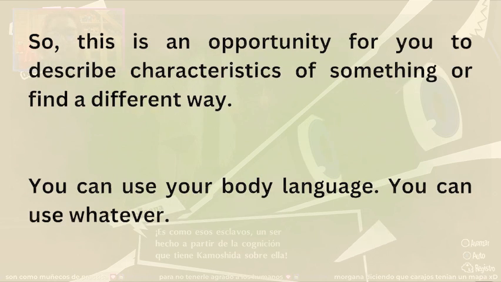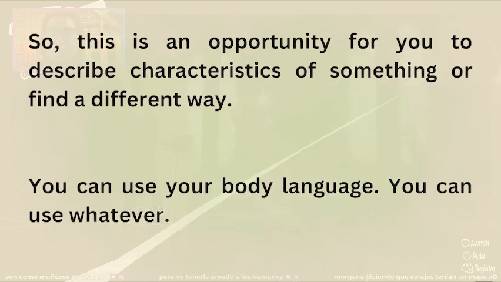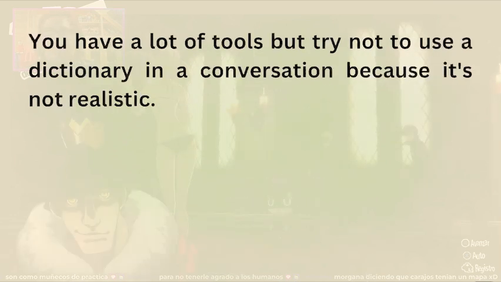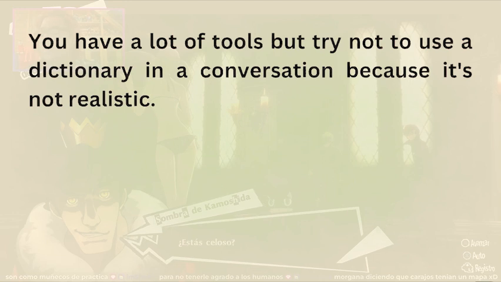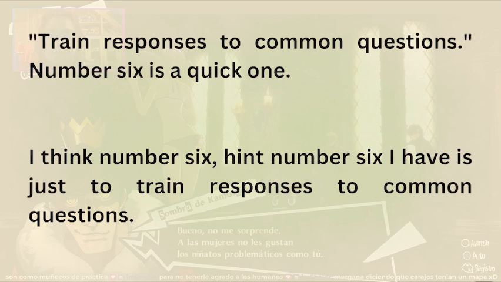So, this is an opportunity for you to describe characteristics of something, or find a different way. You can use your body language. You can use whatever. You have a lot of tools, but try not to use a dictionary in a conversation because it's not realistic.